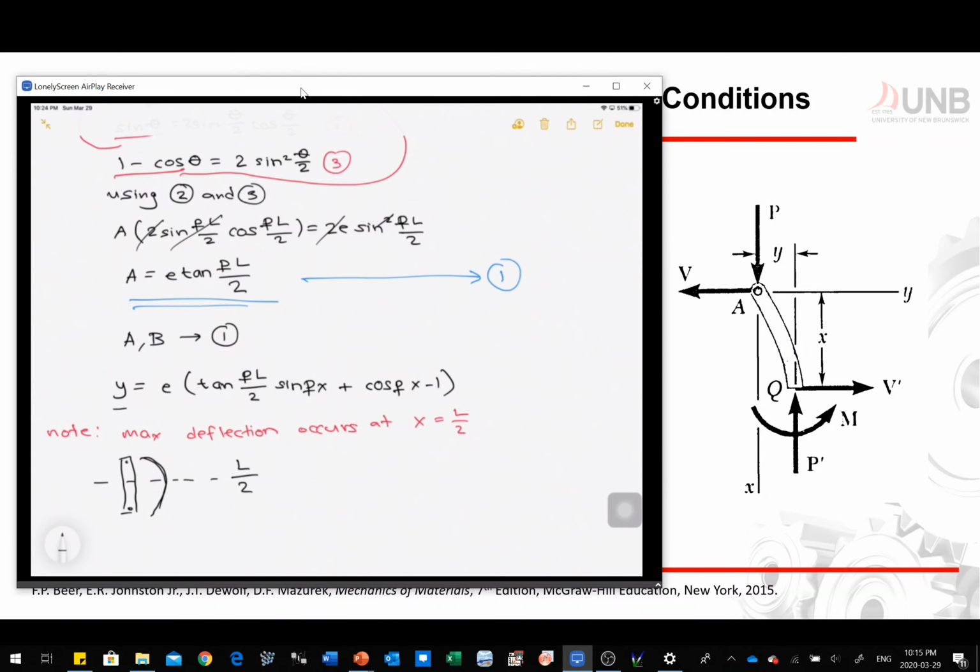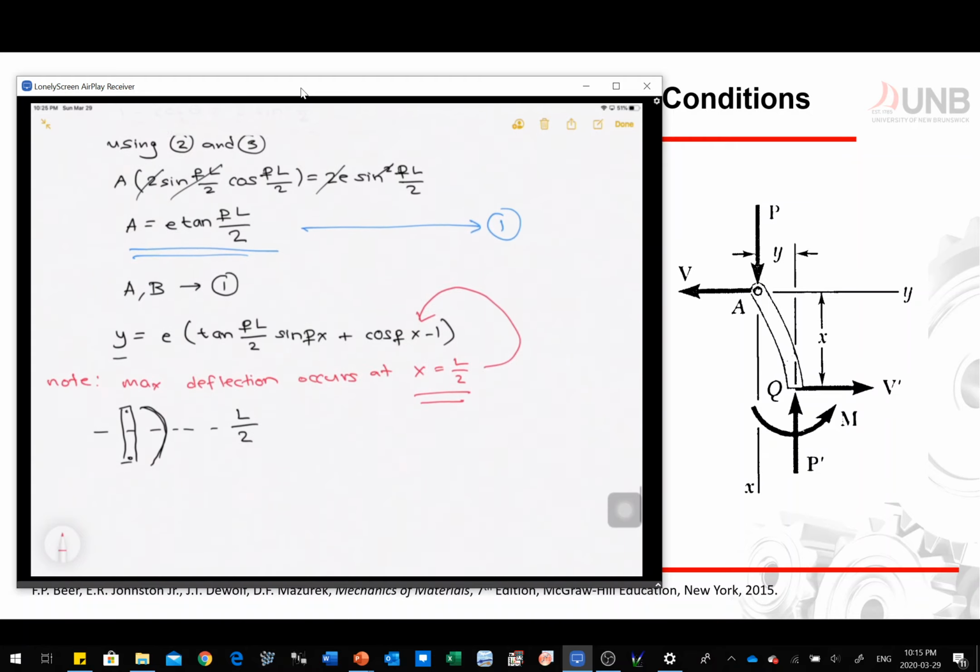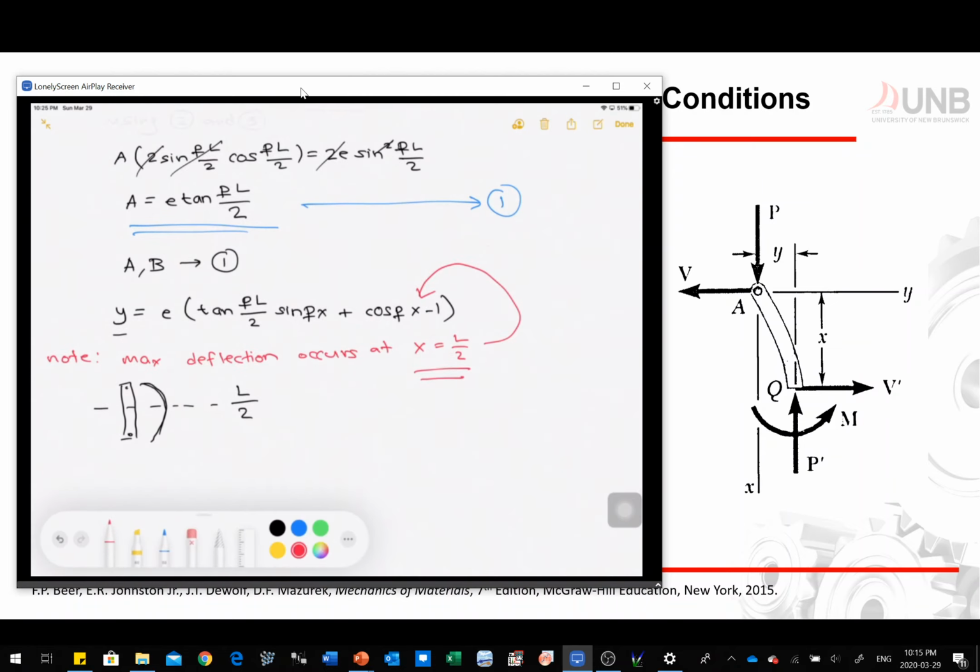So now at maximum deflection L over 2, we can use this L over 2 and substitute it into our equation. Once we do those substitutions, we will get the following. We can call it y maximum, which means that's the maximum deflection we can get at this specific point.